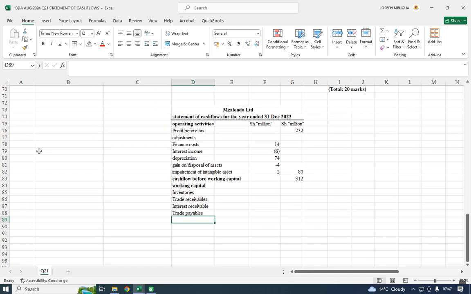So the interest receivable, there are two ways to account for it.